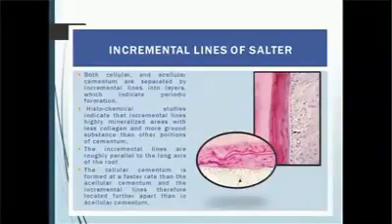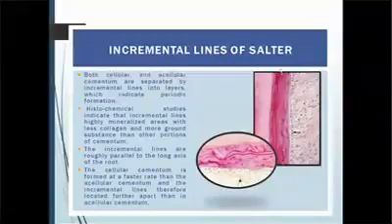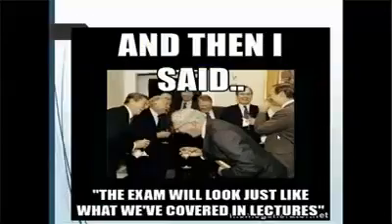The cellular cementum is forming at a faster rate as compared to the acellular cementum, and hence the incremental lines in that cementum are far apart than in the acellular cementum. This is the orientation of the incremental lines of Salter, parallel to the root surface. This is all about cementum.